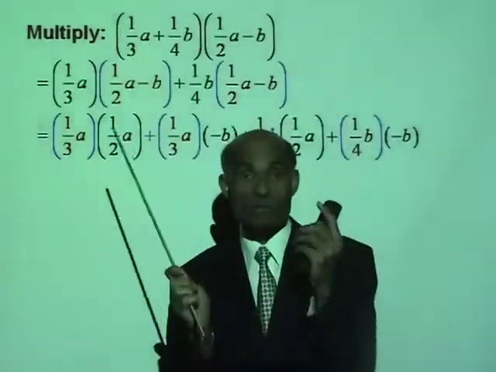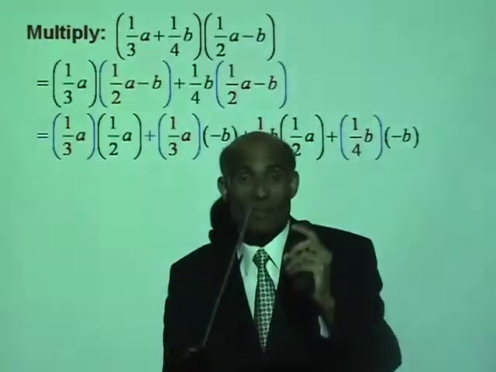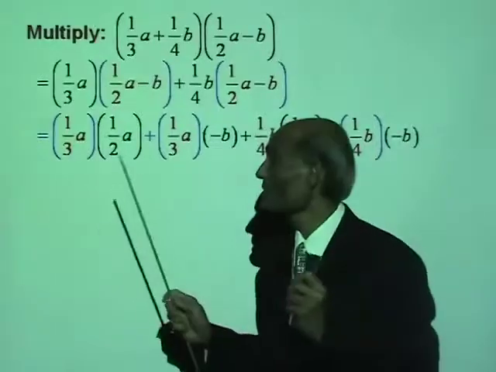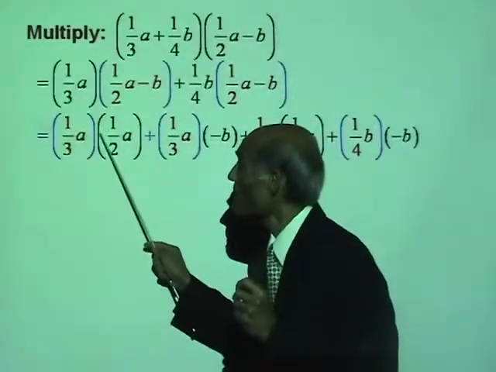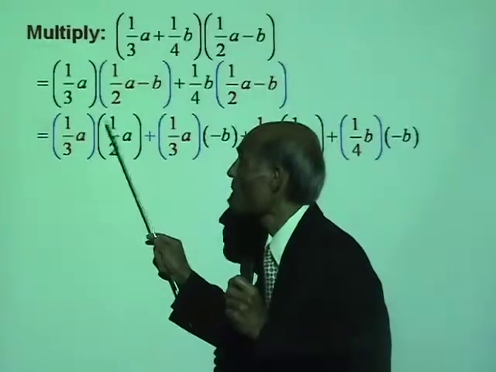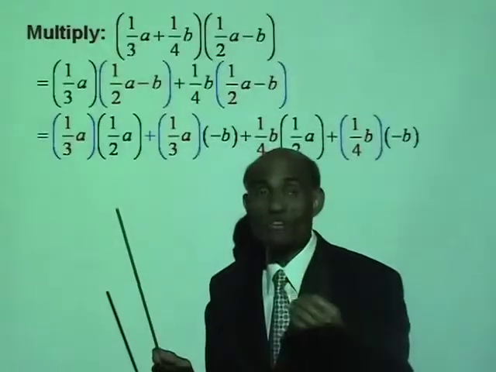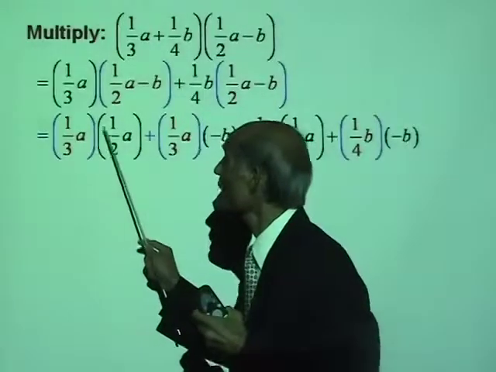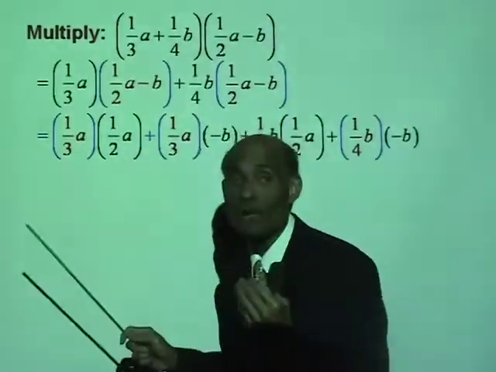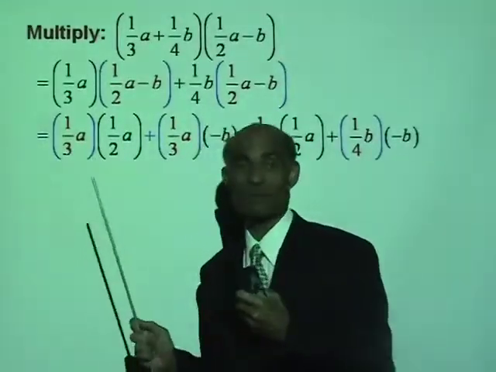When you want to multiply fractions, multiply the numerators and then multiply the denominators. So 1/3 multiplied by 1/2 is 1 times 1 is 1 and 3 times 2 is 6, is 1/6. And a times a is a squared. So this will be 1/6 a squared.